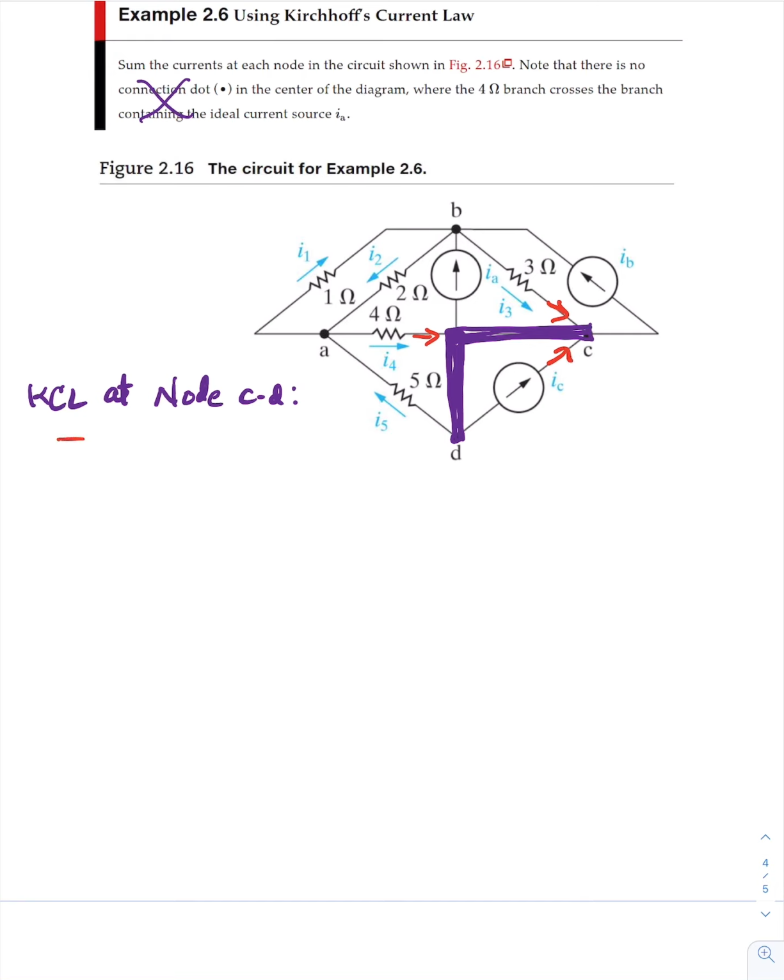So sum of current in equals sum of current out.